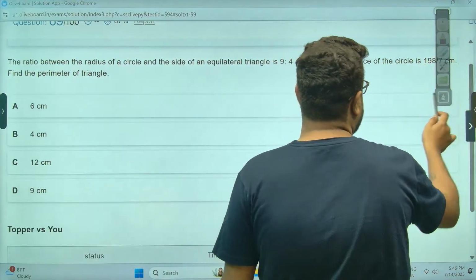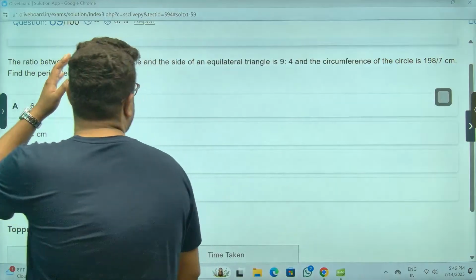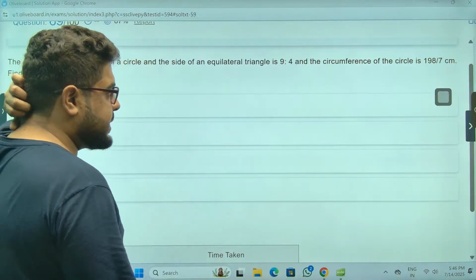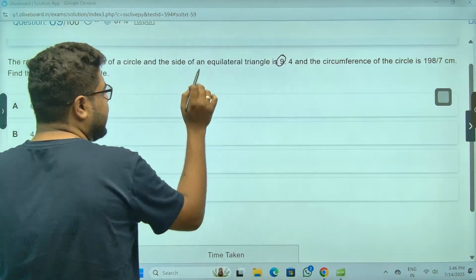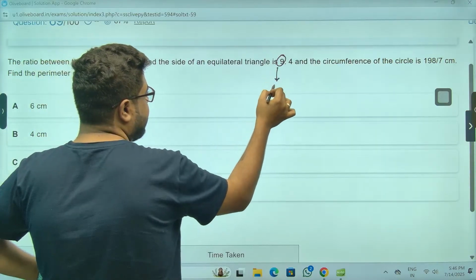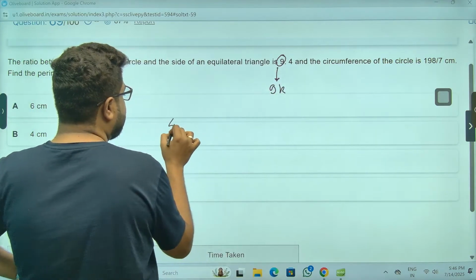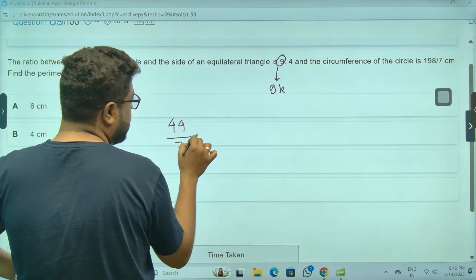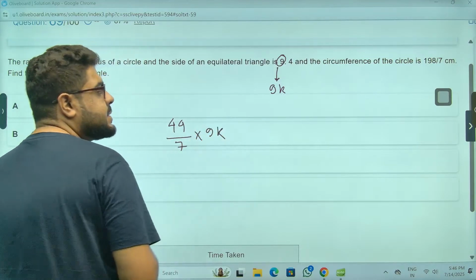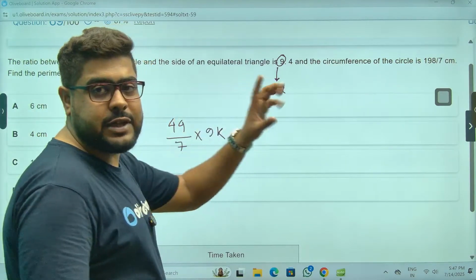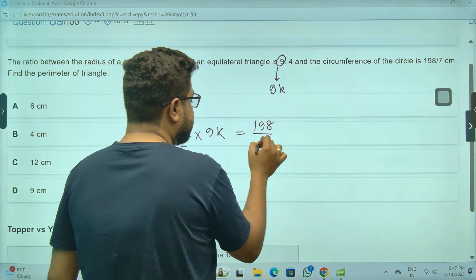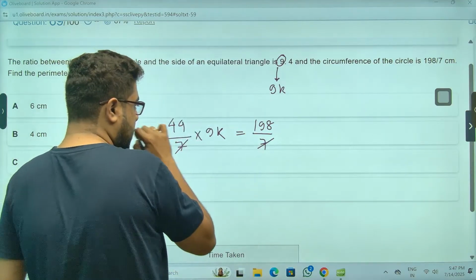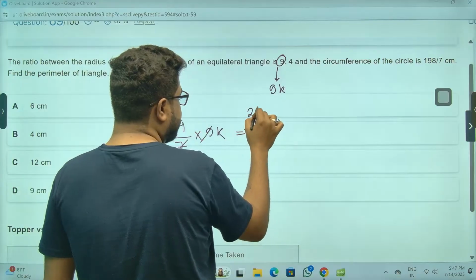Ratio between the radius of a circle and the side of an equilateral triangle is given. Acha sir. So sir, radius is 9k. That means 44 by 7 into 9k. That is circumference. 44 by 7 means 2 pi. That is equal to 198 by 7. चलो calculate कर लो. 90 से कर दो सर 22 होता है.